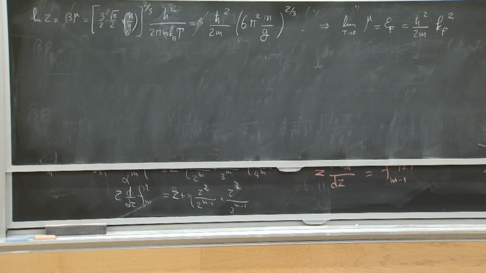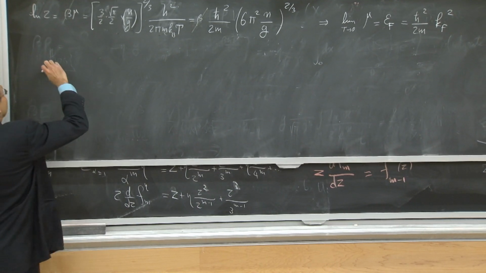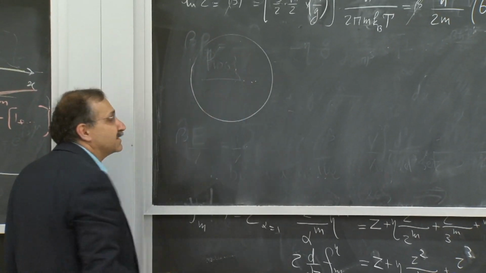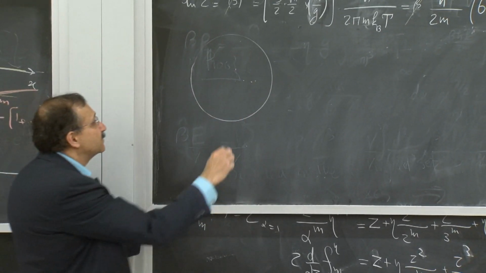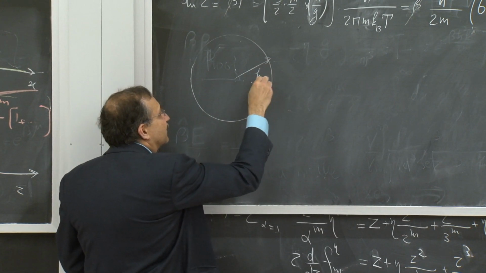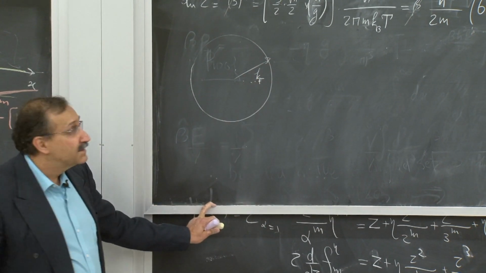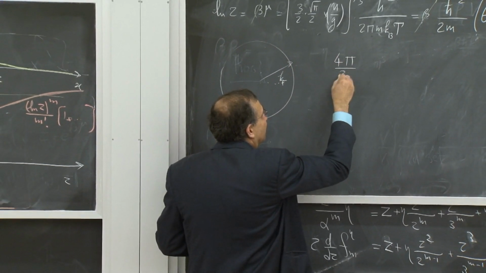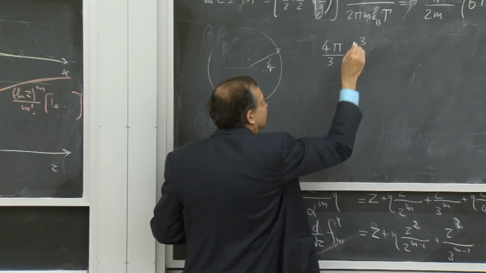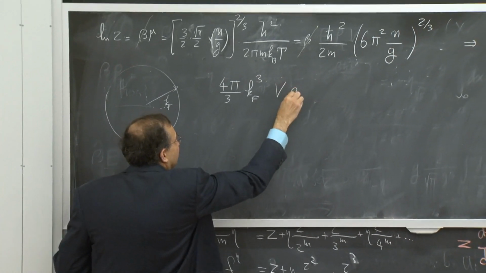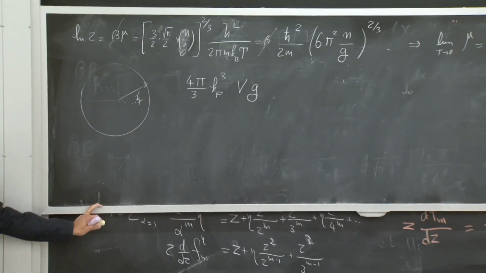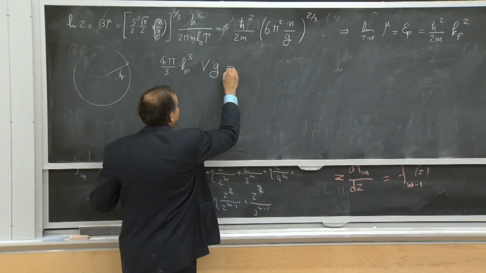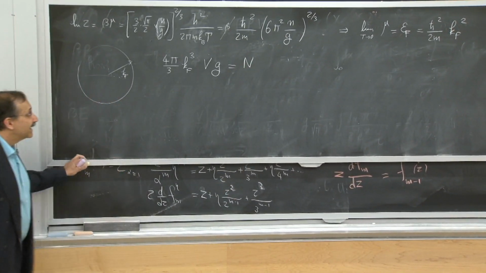One way that you usually get your Fermi momentum is you say that what I need to do is to fill up all of the states up to some value of kf. And the number of states is the volume of the sphere, 4 pi over 3 kf cubed, times the volume times the degeneracy coming from spins if I have multiple possibilities. And this should give me the total number n.